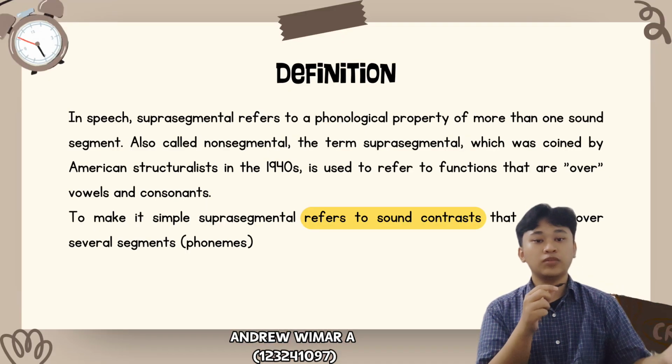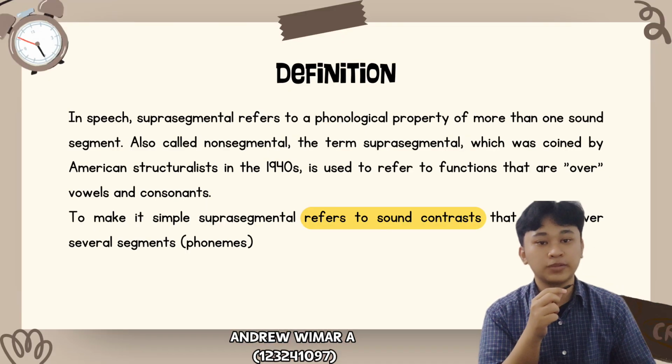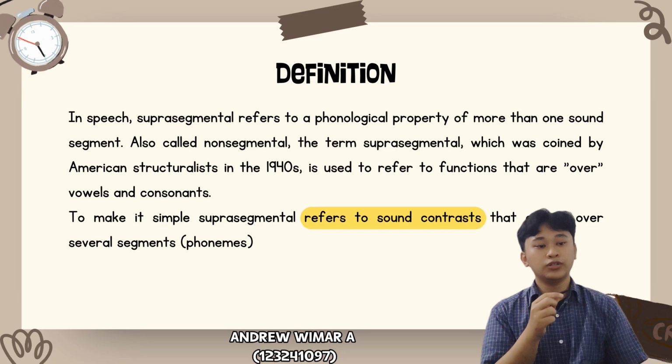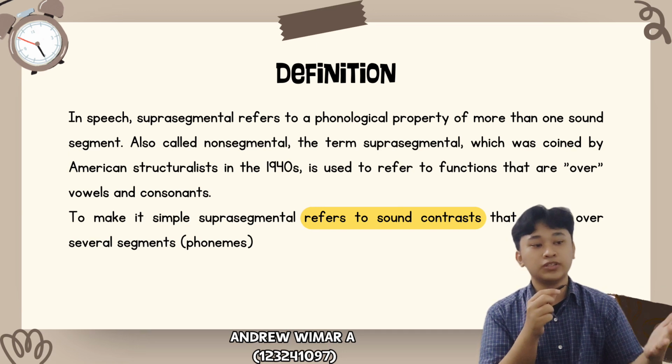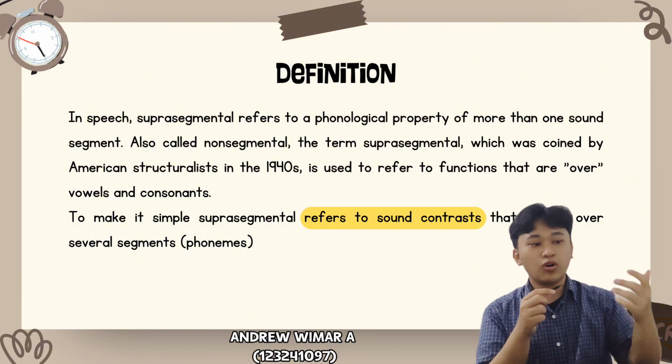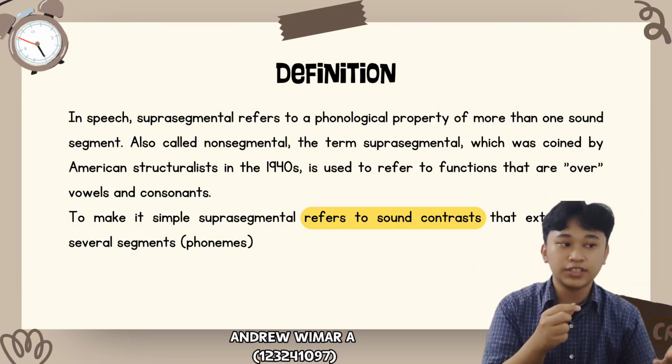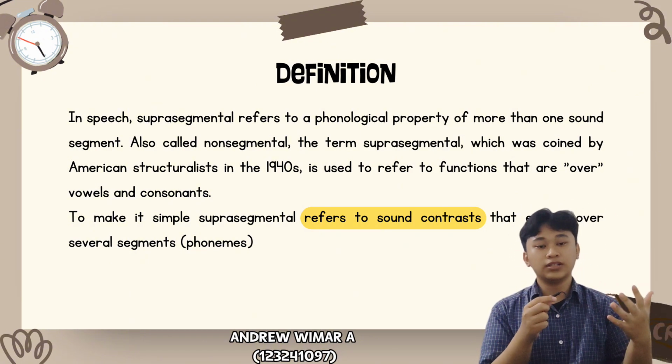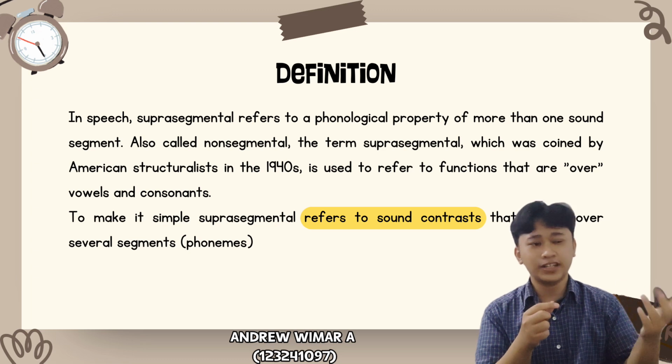Next, we are going to talk about the definition of suprasegmental. So, in speech, suprasegmental refers to a phonological property that is more than one sound segment, also called non-segment.